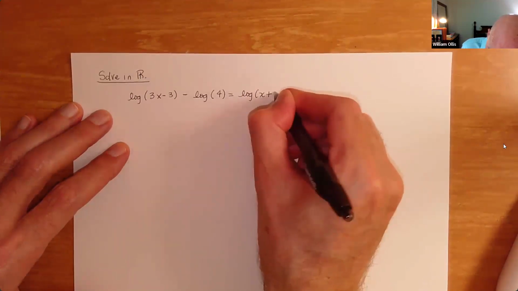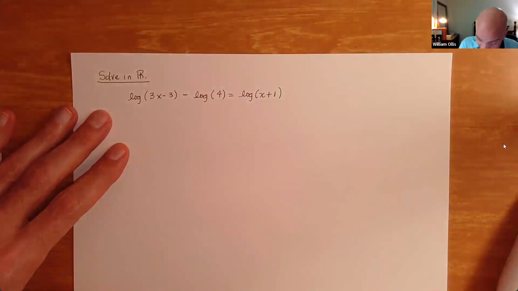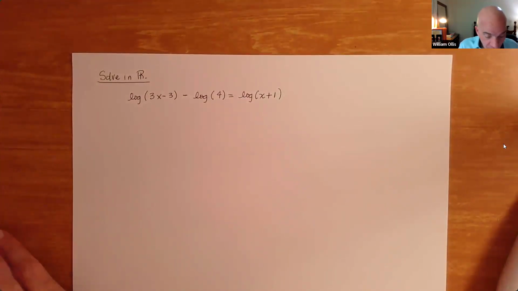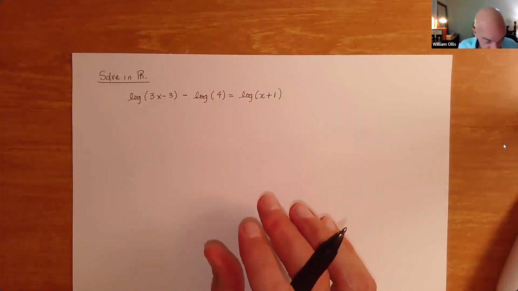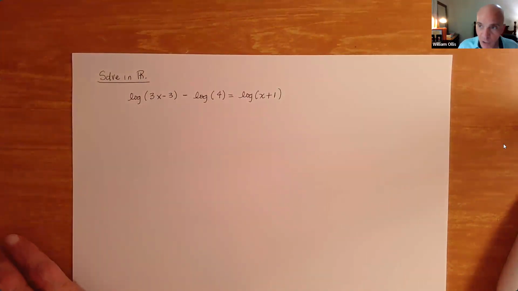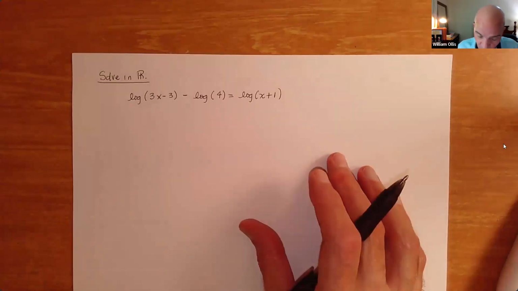Very interesting. So again, the base 10 logarithm of 3x minus 3 minus the base 10 logarithm of 4 equals the base 10 logarithm of x plus 1.